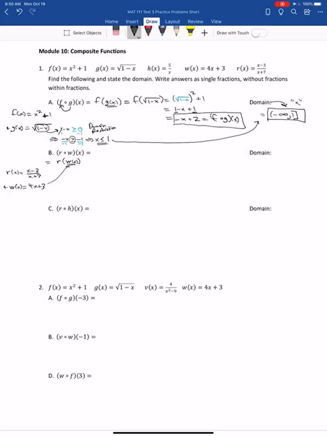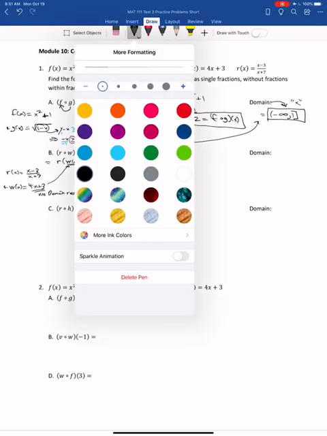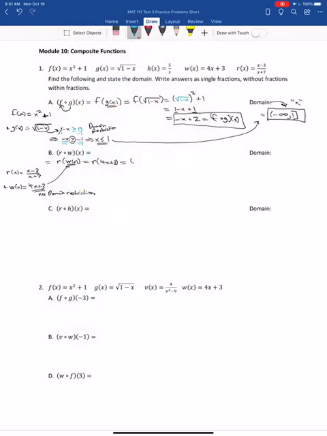So we're going to plug in. Now with this said, there's no domain restrictions on this input function. All real numbers is our domain for a linear function. So as we work on the composition, we're looking at R of 4x plus 3. So where we see the x term in the R function, out it goes, and in comes 4x plus 3, our W function. So I'm going to put in parentheses, and we'll plug in 4x plus 3 here in the x term of the numerator of the R function.